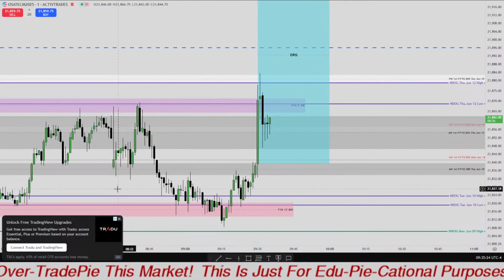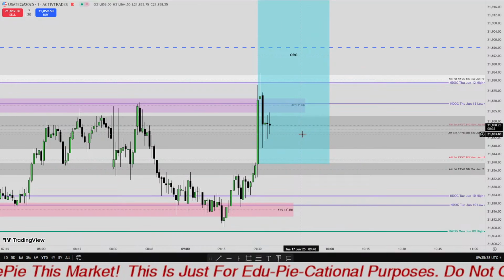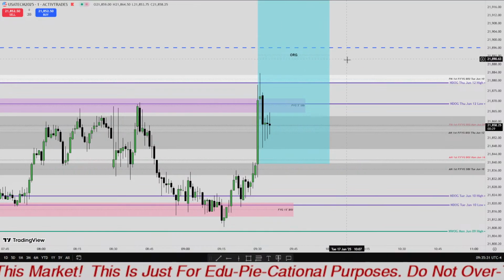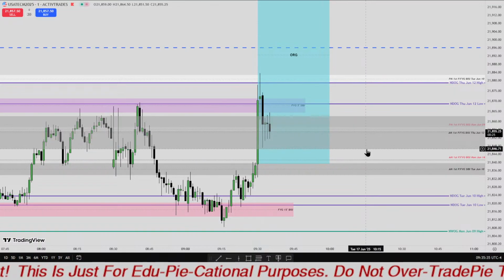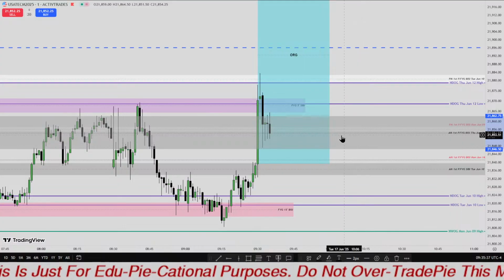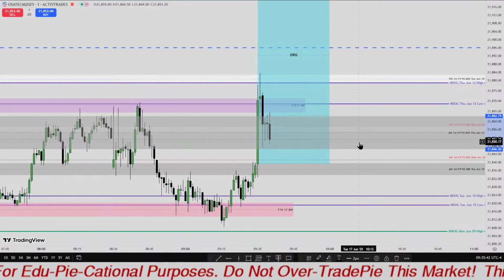Well, now we are spending a little bit of time over here in the lower quadrant of this first open range gap and the upper portion of this 12th BC, first presented fair value gap.